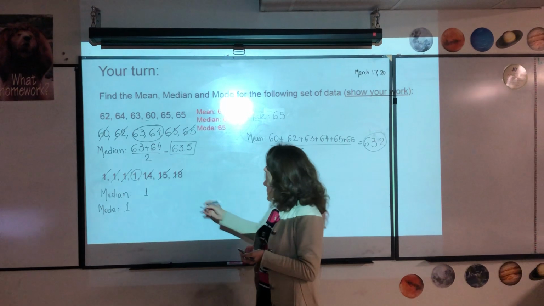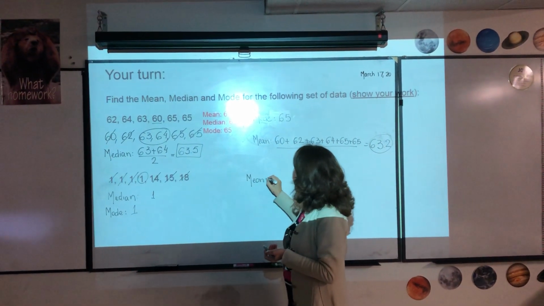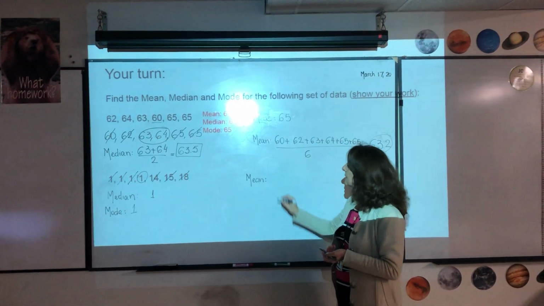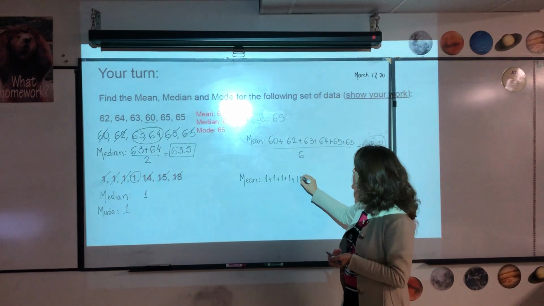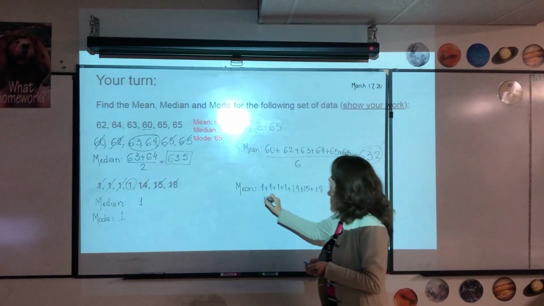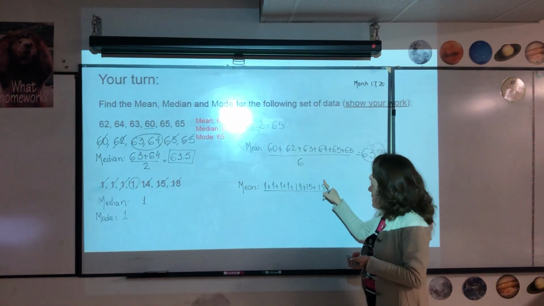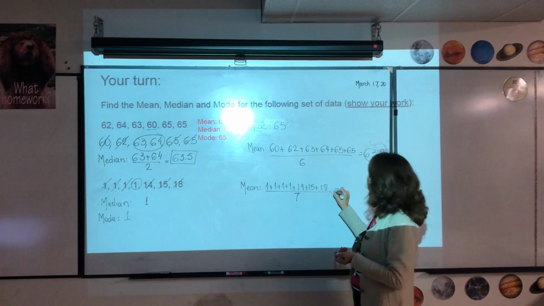And then the last thing that we're going to do is the mean. The mean is 1 plus 1 plus 1 plus 1 plus 14 plus 15 plus 18. And I have to divide that by 1, 2, 3, 4, 5, 6, 7. Divide by 7.